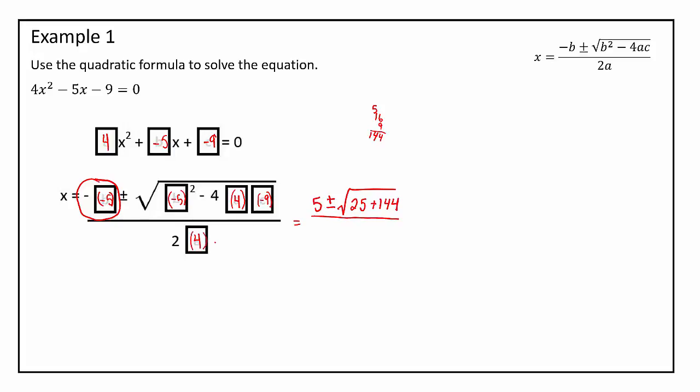On the bottom, we've got 2 times 4, which is 8. There's one other thing we need to do before we square root this: 25 plus 144, which gives us 169. So we'll make that change.